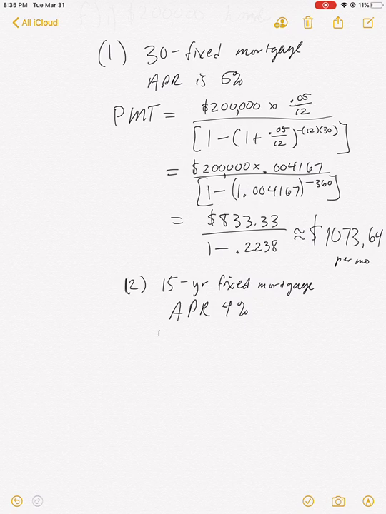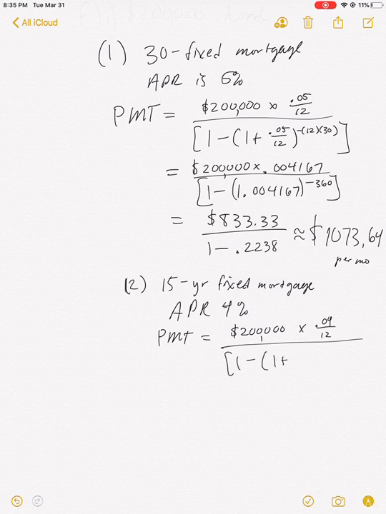And so what we're going to do is use the payment formula again. We have a $200,000 home. We're going to multiply that by 0.04 over 12 because the rate's down, and divide by 1 subtract 1 plus 0.04 over 12 to the negative 12 times 15 power, because it's a 15-year loan.